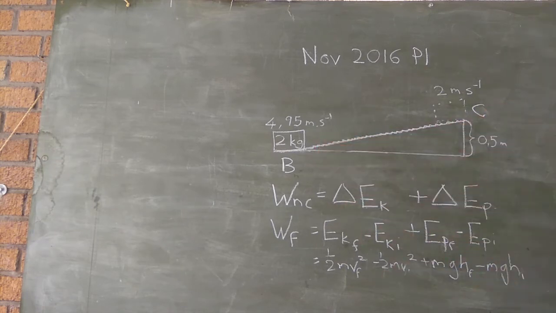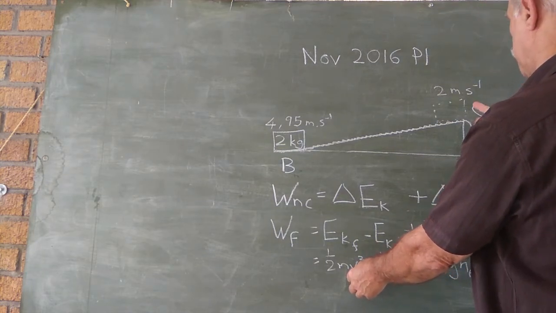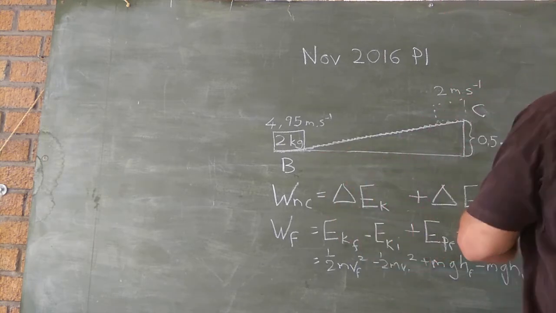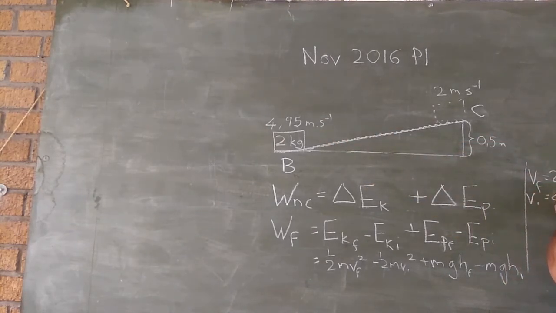Right, so let's plug in our values. What is the v final? Well, let's put our values, shall we put them, let's say, here. V final equals 2, V initial equals 4,95.